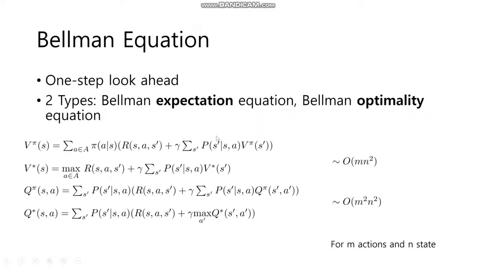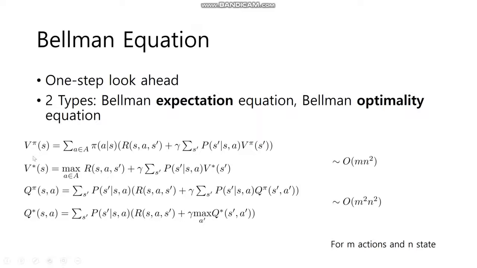It's determined by the transition probability P. So R plus discount factor gamma and this factor, and the total transition is governed by the current policy pi, so we're going to take the expectation over actions.